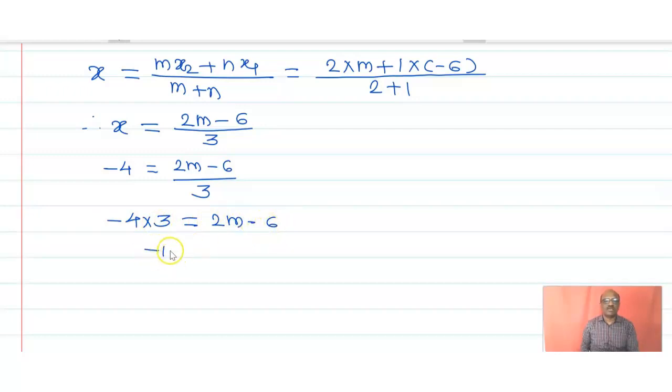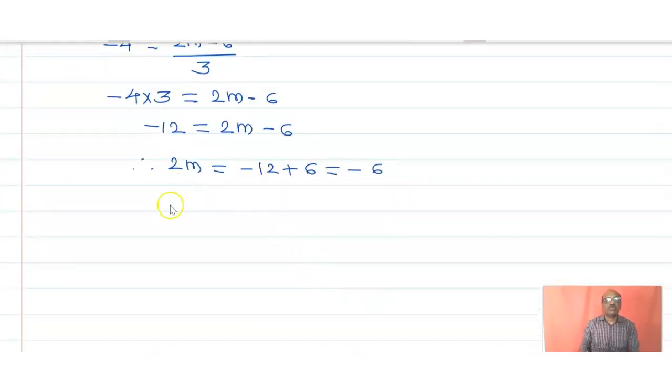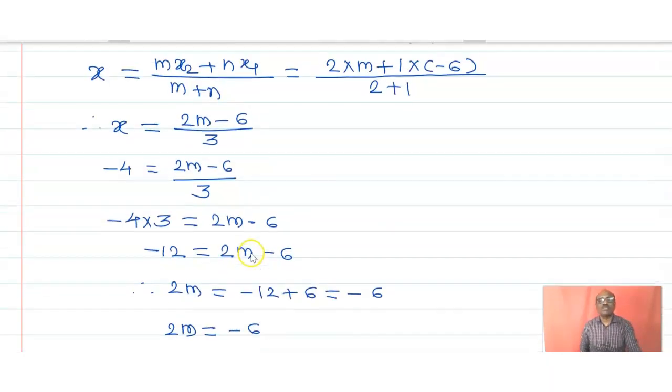And here you will get minus 12 is equal to 2m minus 6. And therefore 2m is equal to minus 12 plus 6, and that is equal to minus 6. And therefore 2m is equal to minus 6, and hence m is equal to minus 3. This is the value of m.